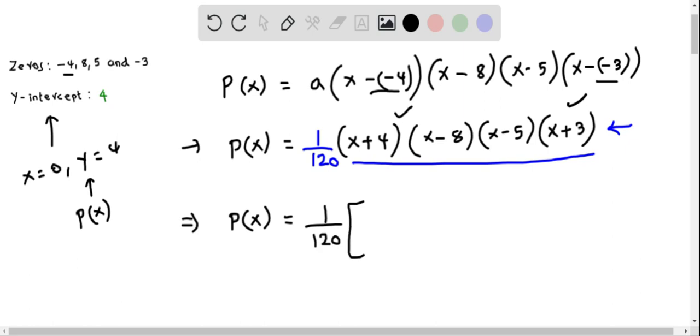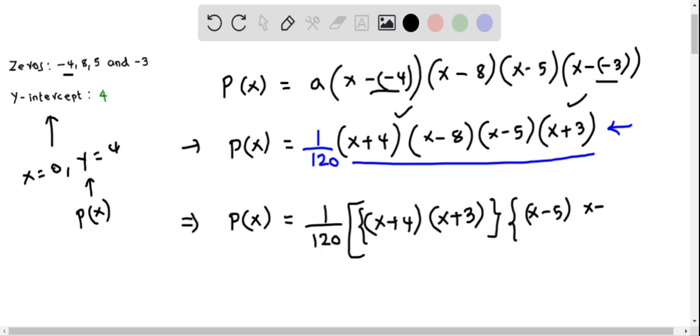It is a little bit easy than multiplying other two terms. So I write down that these two terms are multiplied first, and then the next two terms are multiplied. That is x minus 5 multiplied with x minus 8. We can multiply in any order, it doesn't matter.